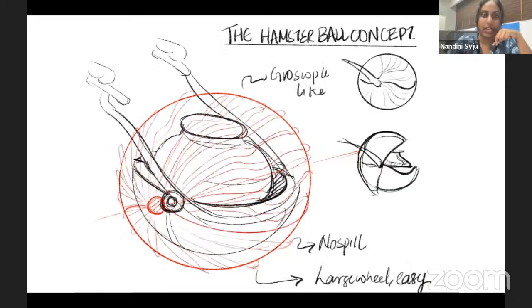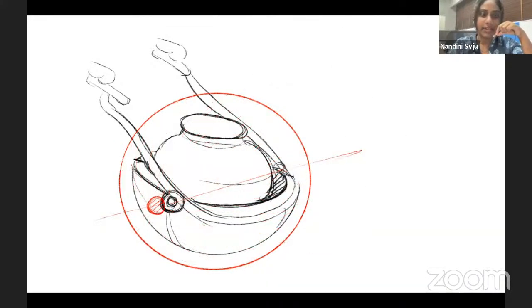This is the outer ball, which also acts like a wheel, and it's a large wheel, so it's easy to work in a terrain, in a tough terrain. But inside, because of the gyroscope, this always stays horizontal and it does not spill.